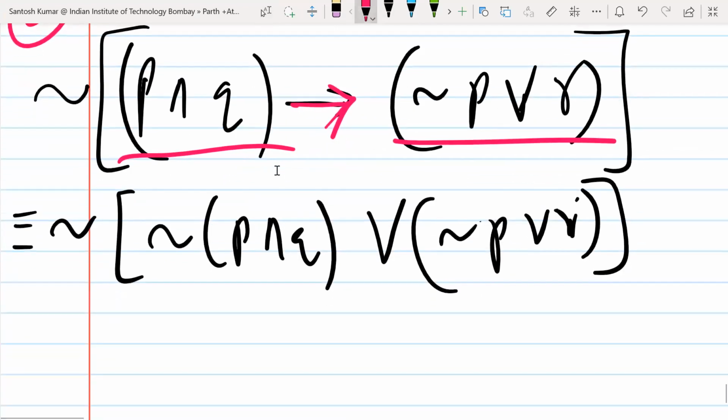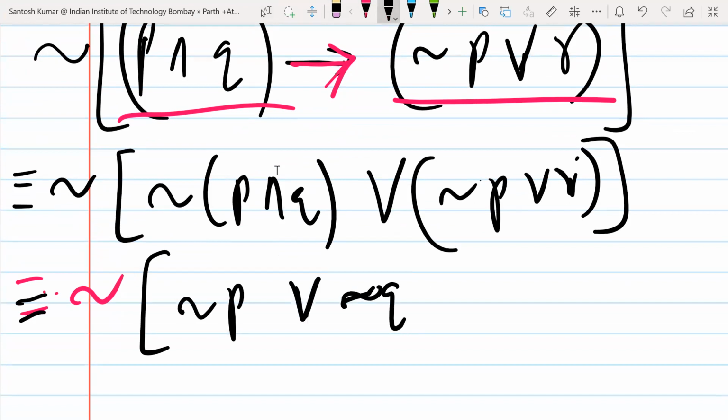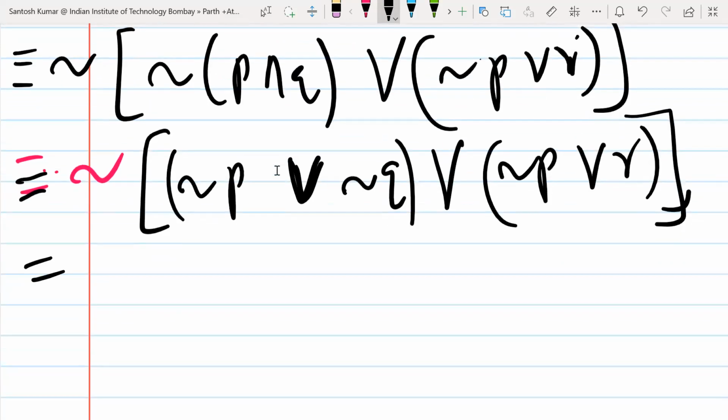Now you simplify. First you take the negation inside, no better way. So first negation of P or negation of Q, or not P or R. You take this negation inside, no problem.